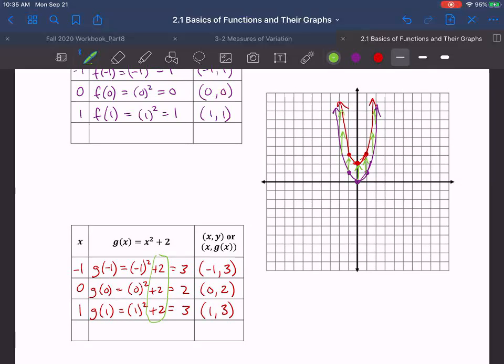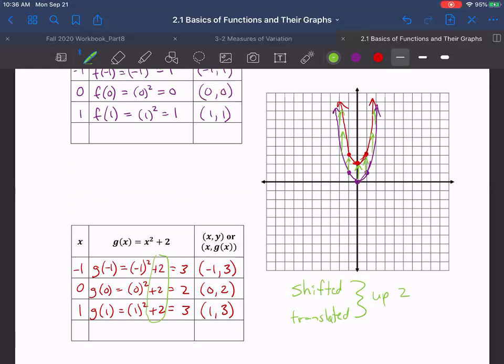So what we end up with is a graph that's shifted or translated, all right, those are the same thing. It's shifted up by 2, translated up by 2.